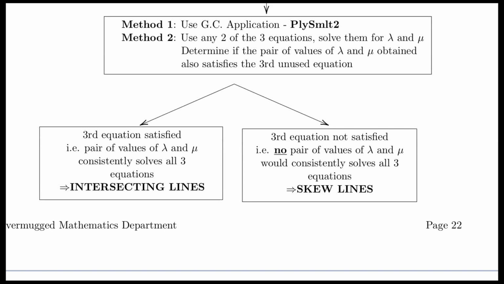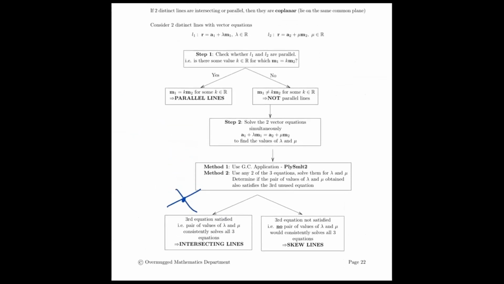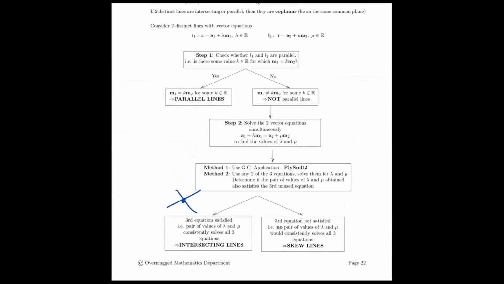If there are no lambda and mu values, it's skew: not parallel and not intersecting. Understand? That's why I believe this tree is pretty good for understanding the whole chain.